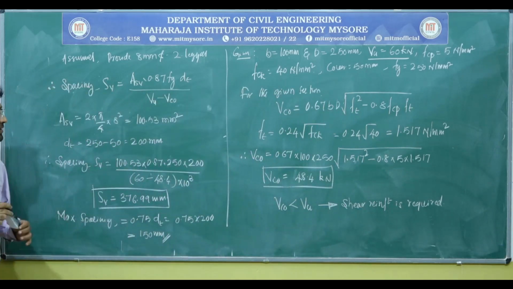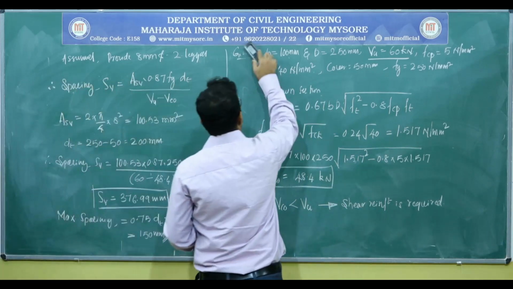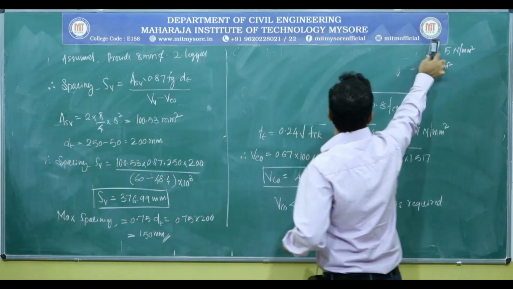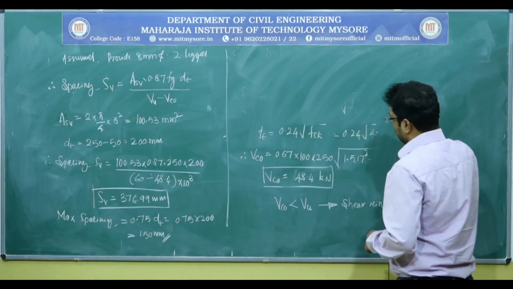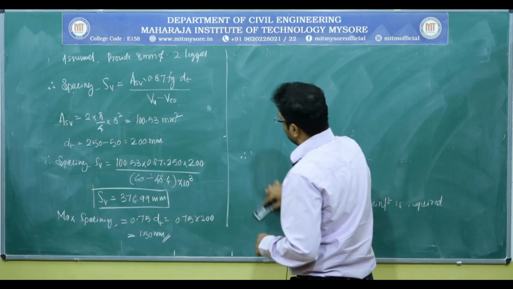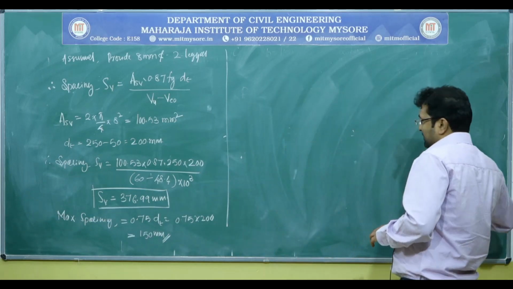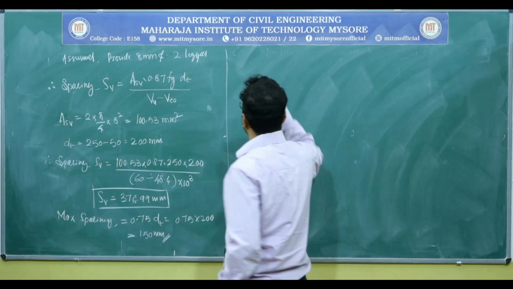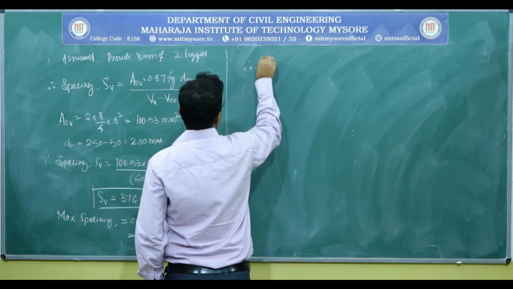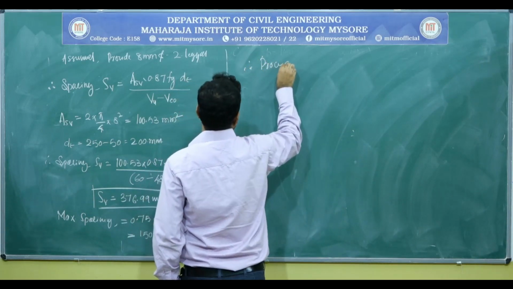So based on this, I can say that we need to provide reinforcement of 2-legged 8 mm dia vertical stirrups. Therefore, this statement is very important.